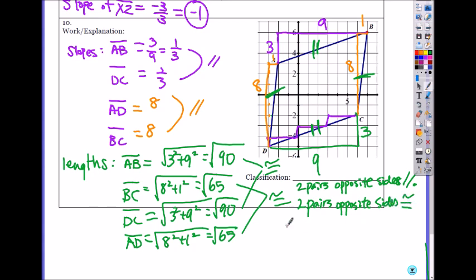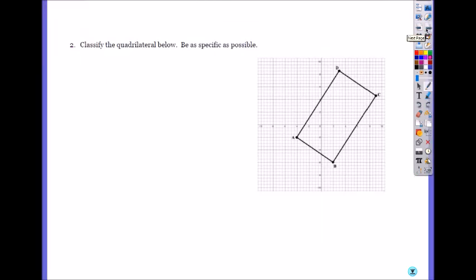Congruent. Therefore, it is just a parallelogram. What does it look like? Rectangle. So let's see if it has all 90 degrees and opposite sides are equal.